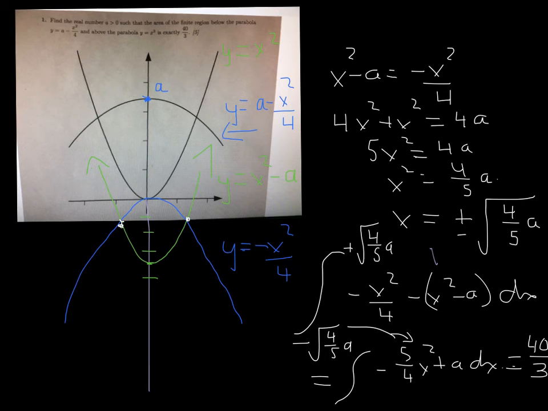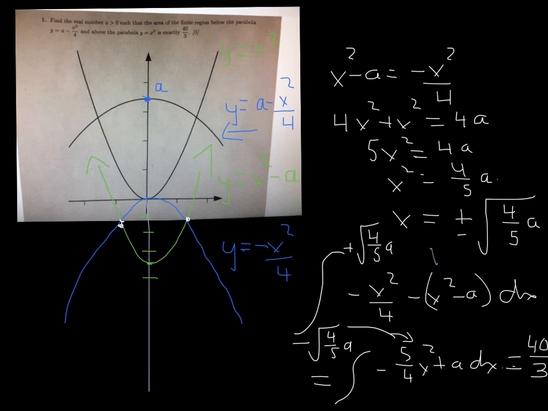So I found it difficult when I worked through this. The integral is not hard at all to take. We can do that quite easily. I found it hard to substitute the square root of 4a over 5 in for x at the end, just because the math was difficult with a whole bunch of rational exponents and stuff.